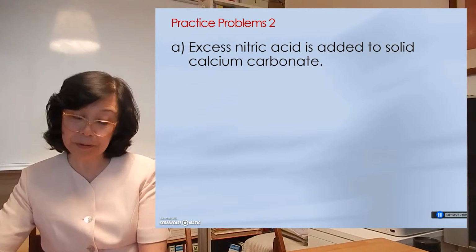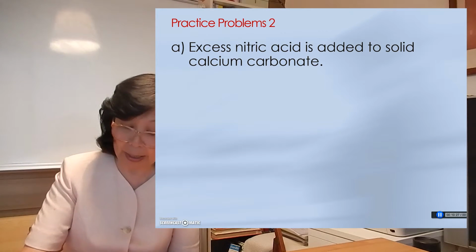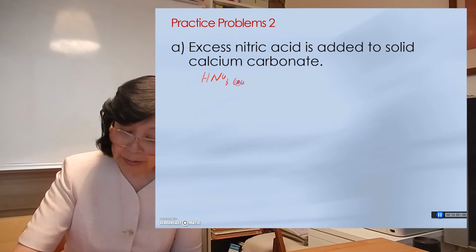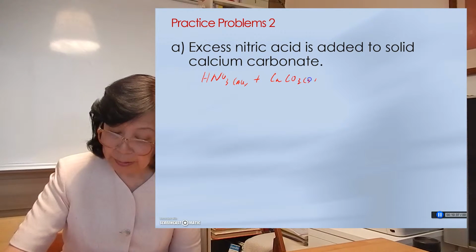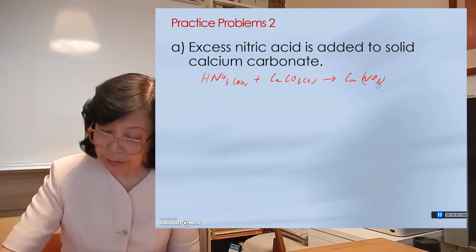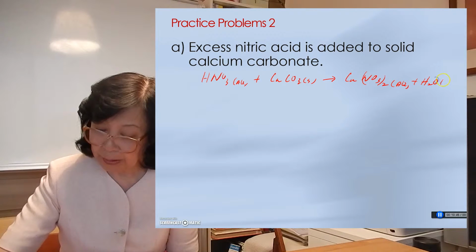Practice problem number 2. Excess nitric acid added to solid calcium carbonate. So we have HNO3 aqueous added to calcium carbonate, making calcium nitrate solution and H2O and CO2 gas.